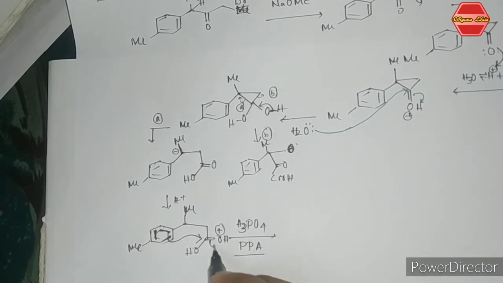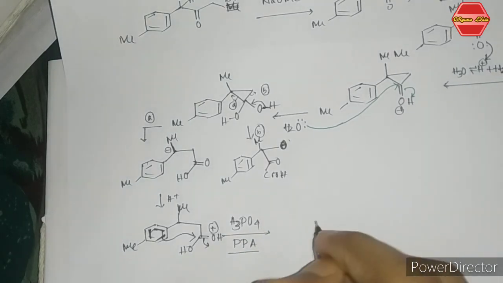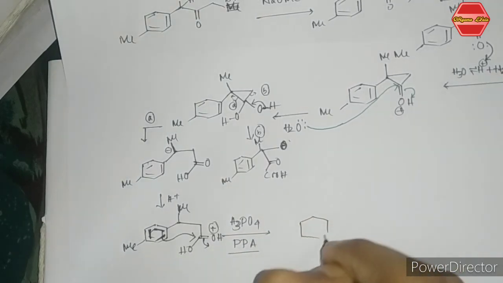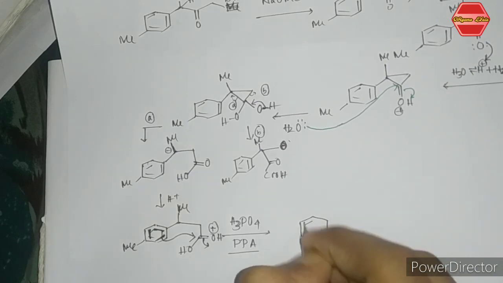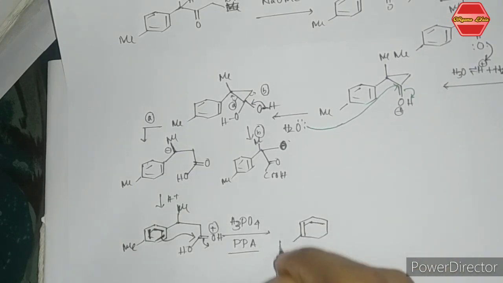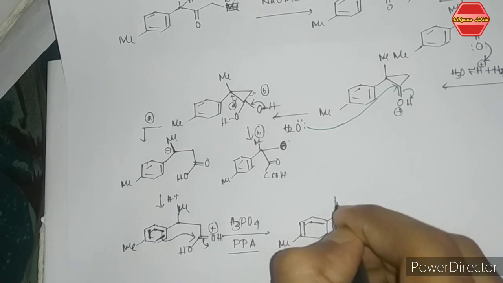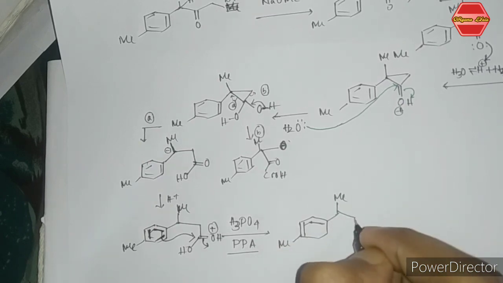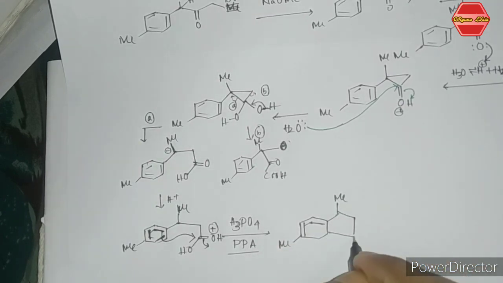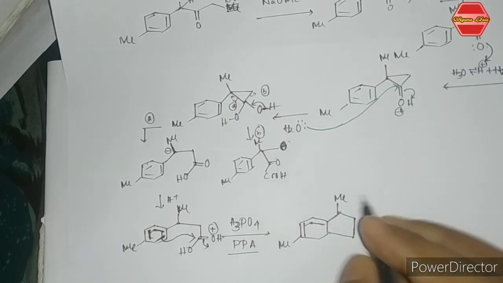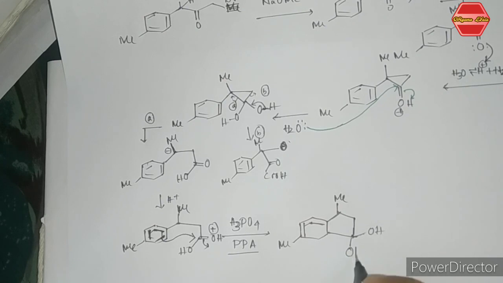Okay, and these bonds will go like this, and after that there is a formation of this one. This is Me. Okay, now this, and here is your OH, and here is your OH.